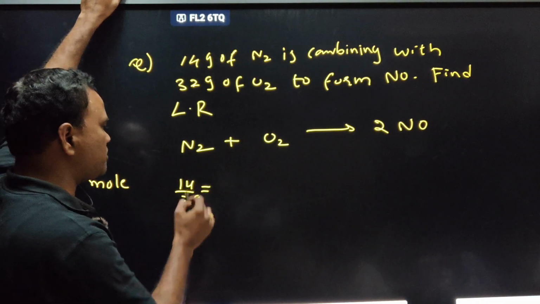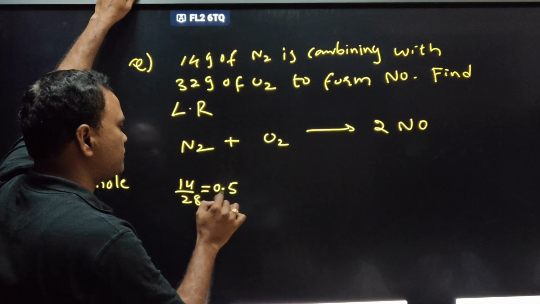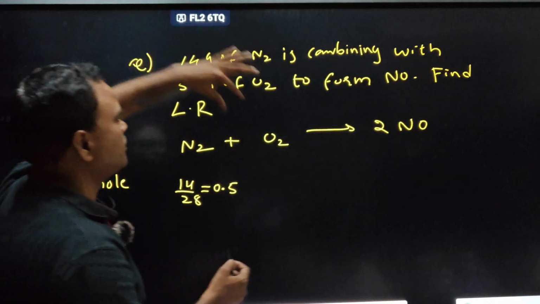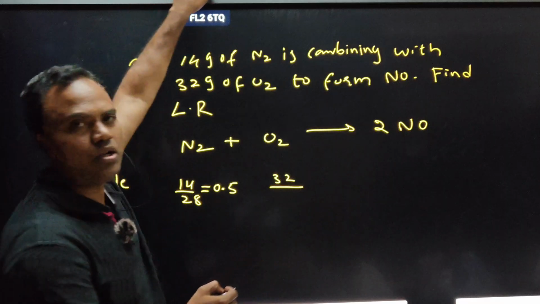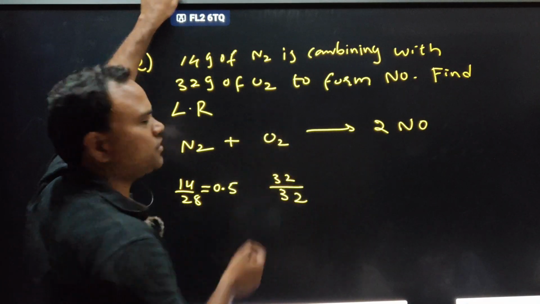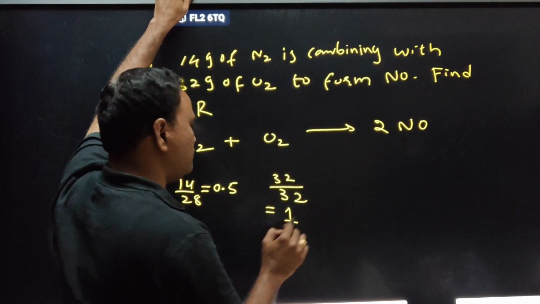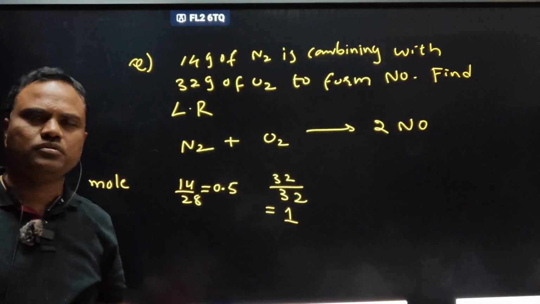That is equal to how much? 14 by 28, 1/2, 0.5. Here moles of O2, weight 32 by the gram molecular weight of oxygen, 32. That is 1. First step is writing moles.